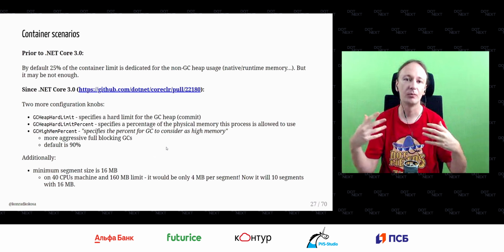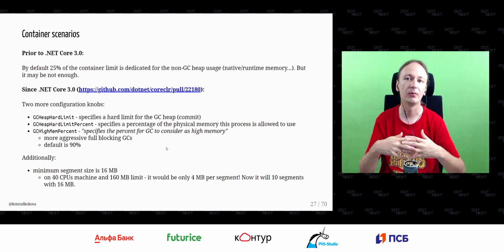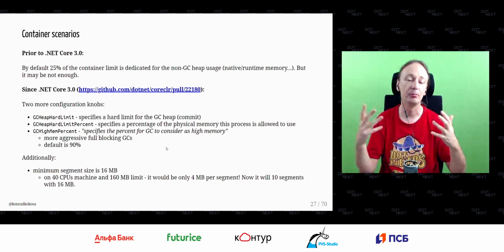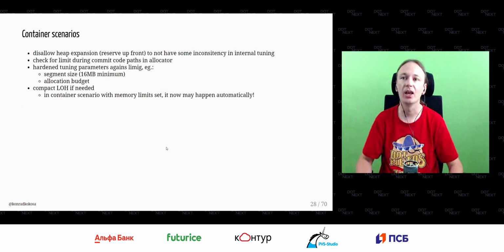Additionally, as I said, there are some other fine tunings. So, for example, specifically for huge machines that contain many CPUs, there is a set minimum size of segment to make better utilization of the memory. Those are some fine tunings that are important and not controlled by you, because they are just working out of the box. You cannot disable them.